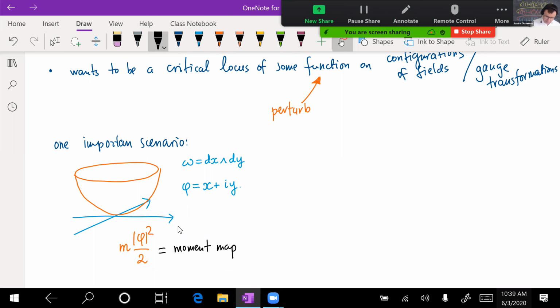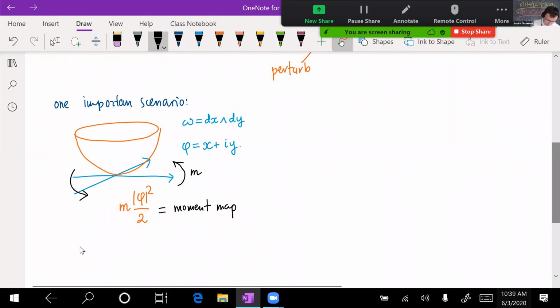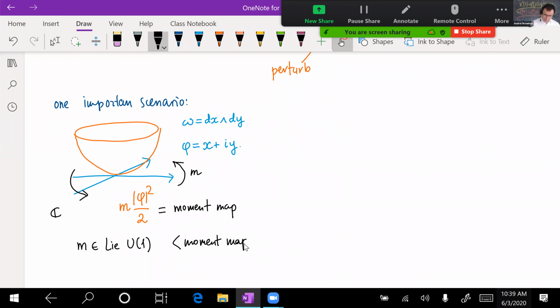So I'll try to draw them here. Where m is this angular velocity, and maybe more canonically, you think of m as sitting in the Lie algebra of U(1), which acts on my complex plane. And then this function is, more canonically, the moment map paired with that m.